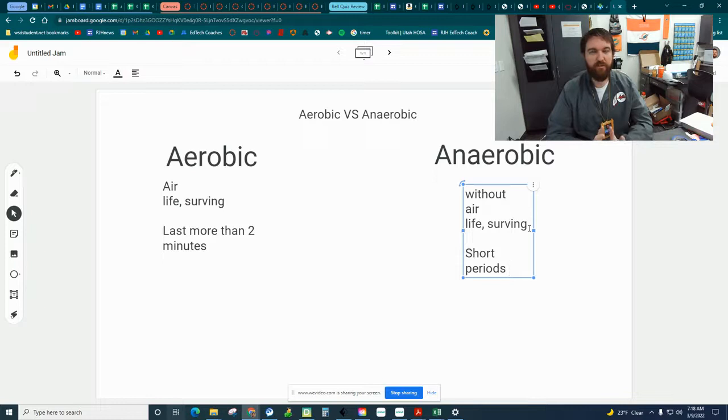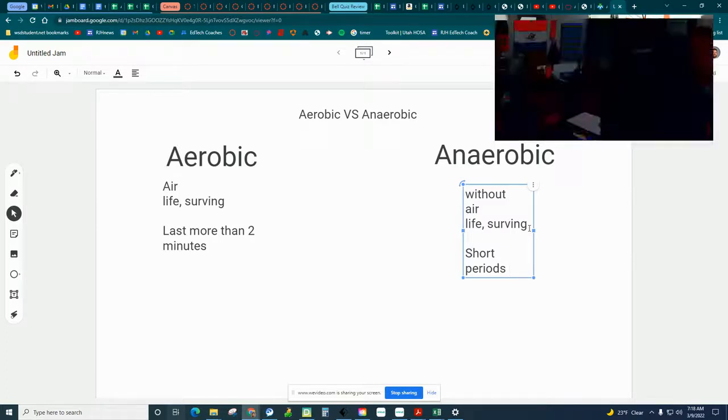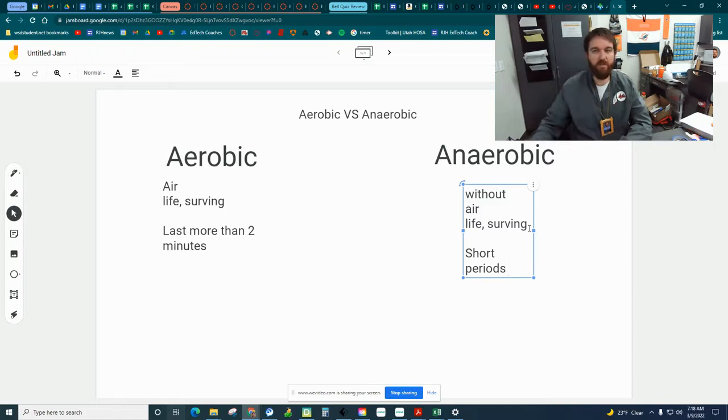So anaerobic, short periods of time, doesn't need a whole lot of oxygen to get the gains or to grow in certain ways. If we exercise aerobically, we get different results than if we exercise anaerobically. So, just some things to consider when you're looking up your claims.